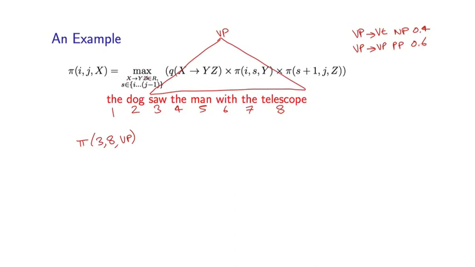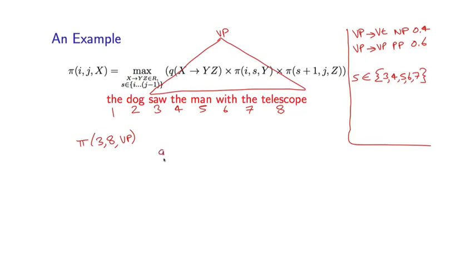I'm going to search over all possible rules in the grammar, and I'm going to search over all values for this value of s, and that actually means I'm going to search over s in the range, so i is 3 in this point, 3, 4, 5, up to j minus 1, j is 8, so that's going to be up to 7.